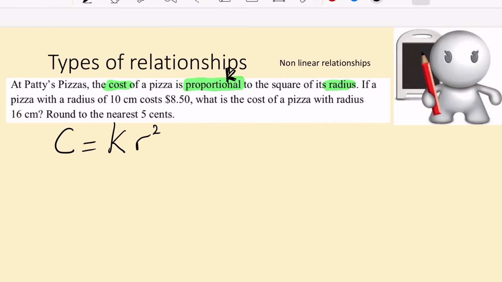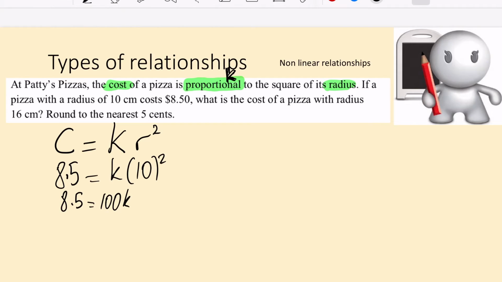Right, let's read on. If a pizza with a radius of 10 centimeters, so let's substitute 10 for the radius, and remember it's 10 squared, costs $8.50. By substituting for the cost and the radius, I can work out the value of this constant k. So 8.5 equals 100k. How did I get 100? Well, 10 squared, 10 times 10 is 100, multiplied by k is 100k.